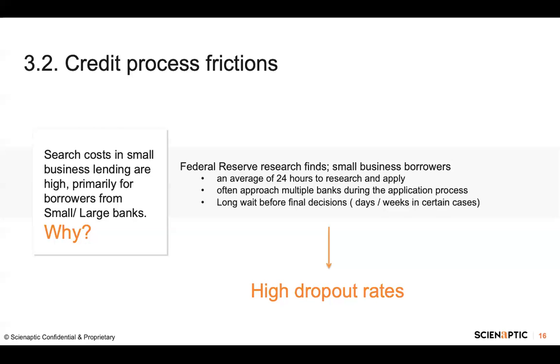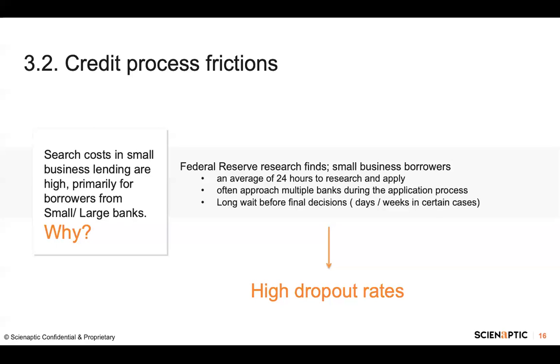Now, all that results in high dropout rates, and that's the reason why the survey shows what it shows in terms of the customer experience that small businesses go through. So the intent here is to isolate the frictions and remove the search costs for the borrowers.